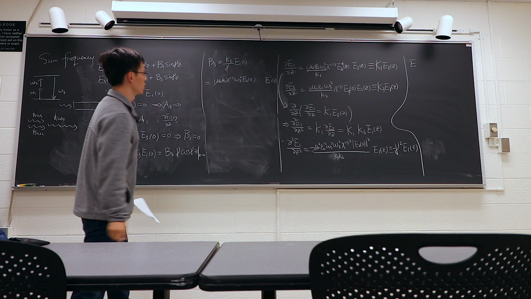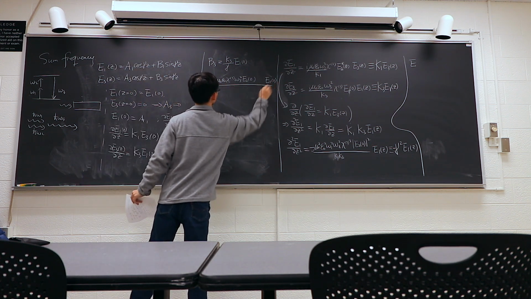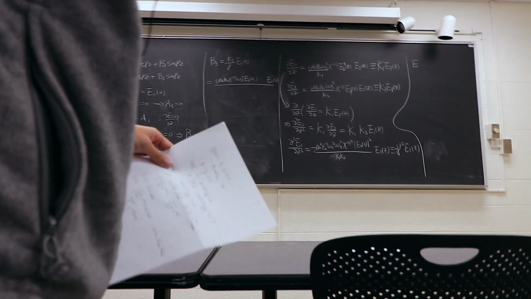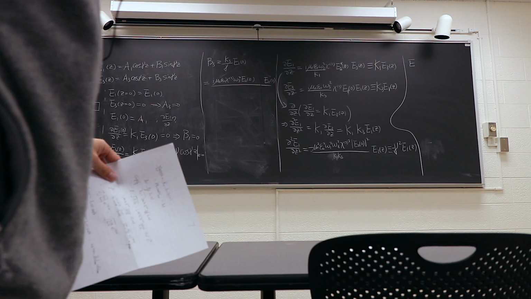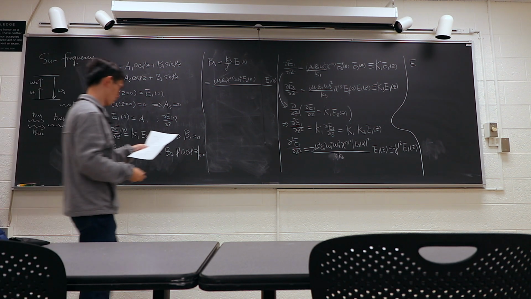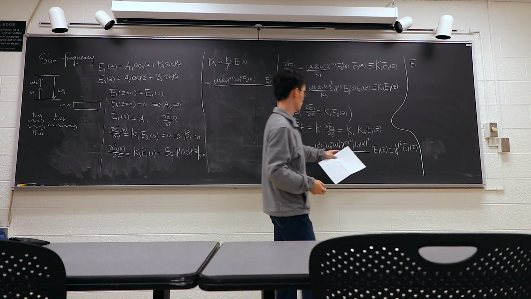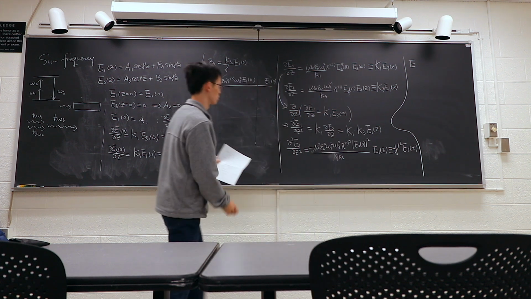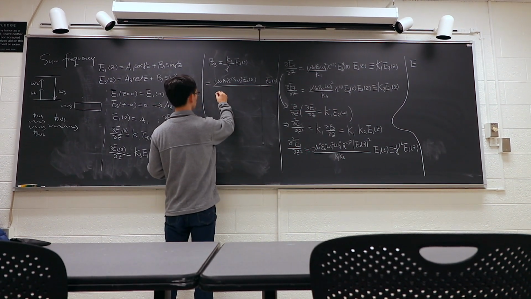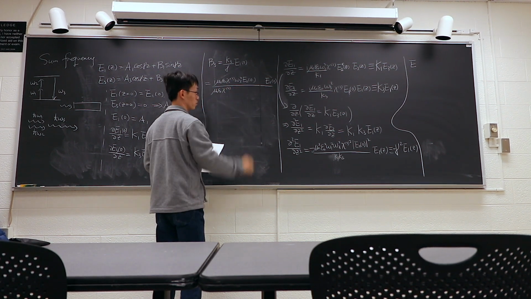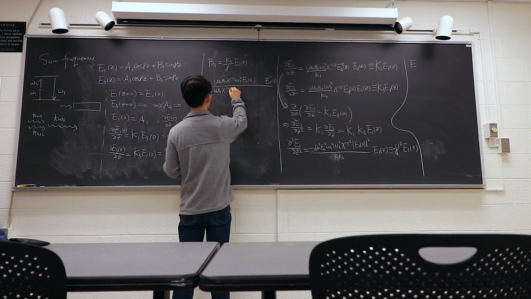And then we had gamma square equals to this, right? So your gamma would be mu naught 0 naught chi 2 omega 1 omega 3. Okay.